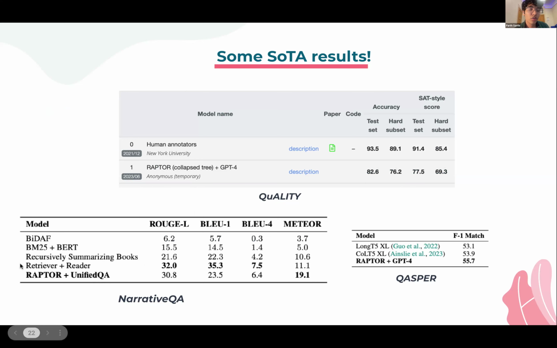One interesting result that we saw in NarrativeQA is this result with the recursively summarizing books model. This was a paper by OpenAI a few years back, where, based on the window or spatial positioning, they grouped and summarized the chunks, and they were just using the top level nodes as context for their model, evaluated on the same model and the UnifiedQA model.